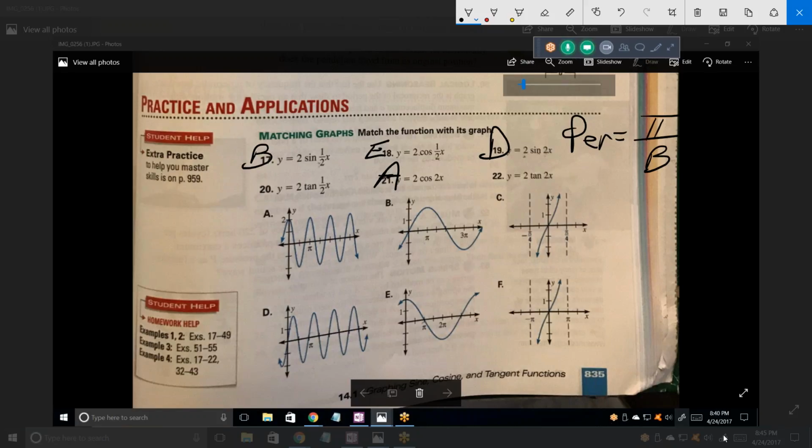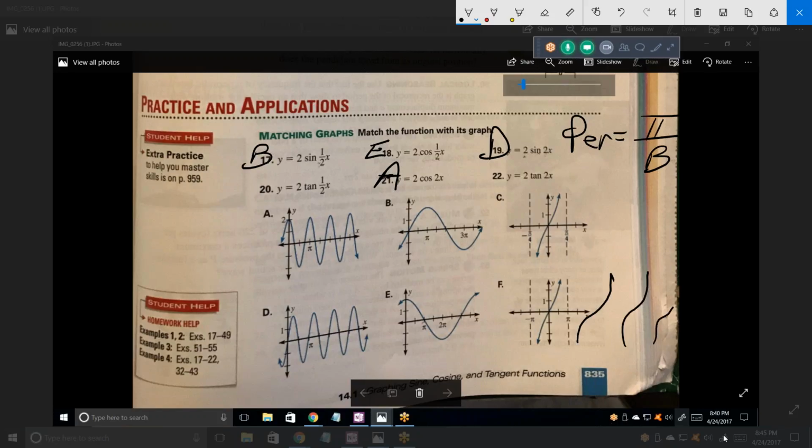Okay, let's look at 20. What's the period going to be on 20? It would be 2 pi. Which curve is that? C or F? I think it's C. Measure the period. The period goes from that asymptote to that asymptote. In other words, tangent just repeats.